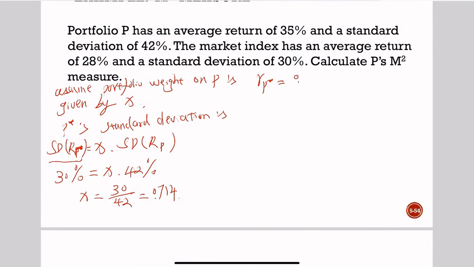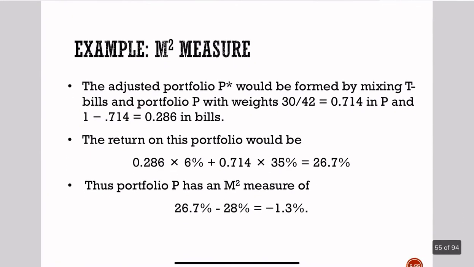Right? So it's the portfolio weight of P times portfolio P's return. So it's 35%. And then the portfolio weight of the T-bill times the risk-free rate. What is the risk-free rate? Let me see.